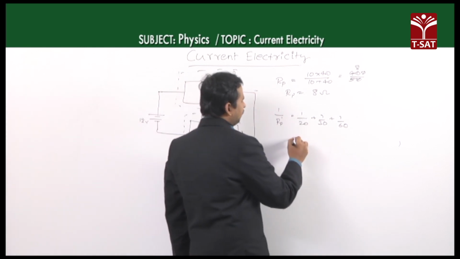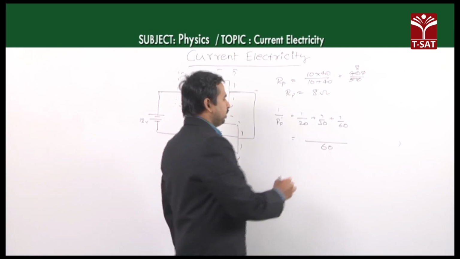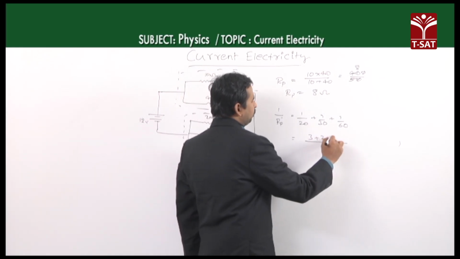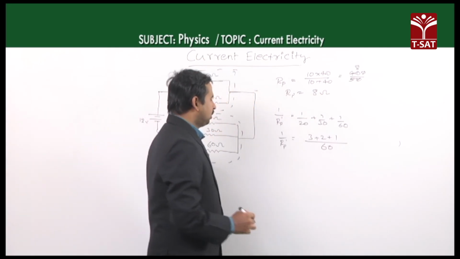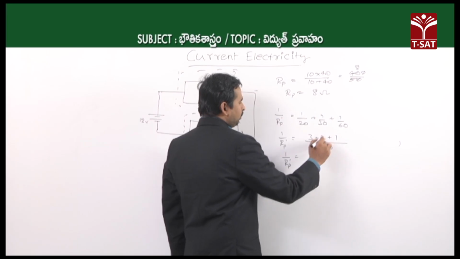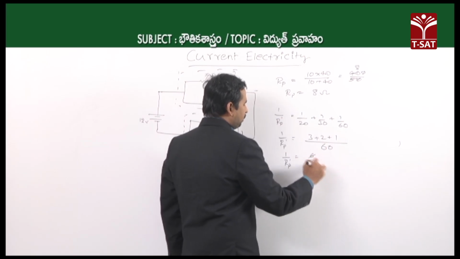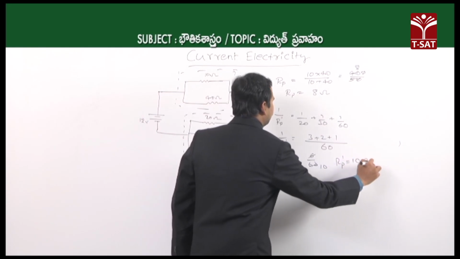If we take the LCM, 60 is the LCM, then 3, 2 and 1. Then 1 by Rp dash is equal to 6 by 60, so Rp dash is equal to 10 ohms.